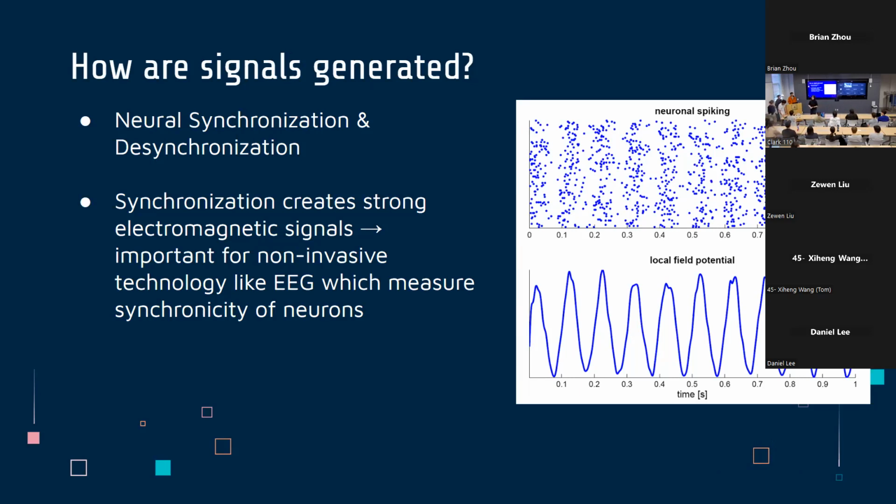Right. So across all brain regions, how are the signals generated? There are a lot of complexities involved, and we are still working our way through understanding them. The field of science that studies it is called systems neuroscience, but that is a different topic, so we're not going to go too in depth. What you should know is that neurons sometimes fire together, or they do not fire together.